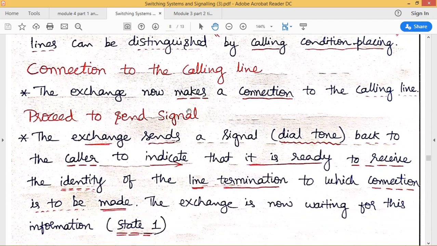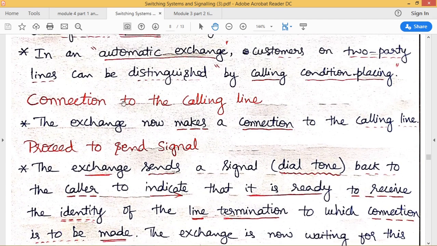Once the calling party is decided, the next connection to the calling party is made by the exchange. So the exchange now makes a connection to the calling party. Please note that now we have established a connection from the calling party to the exchange. The next part is that from the exchange, a connection should be made to the called party.